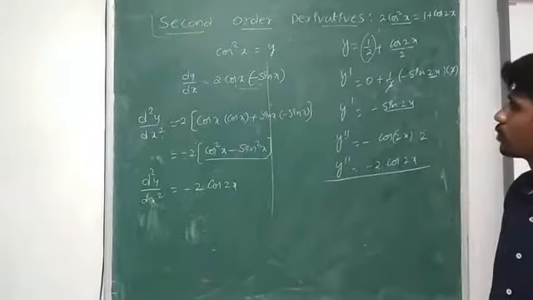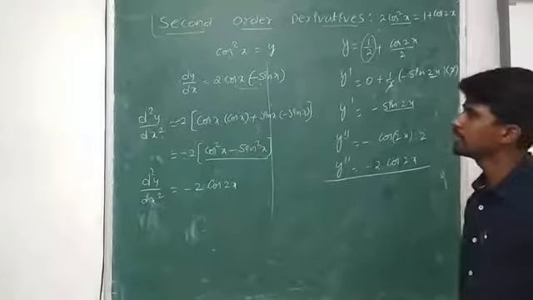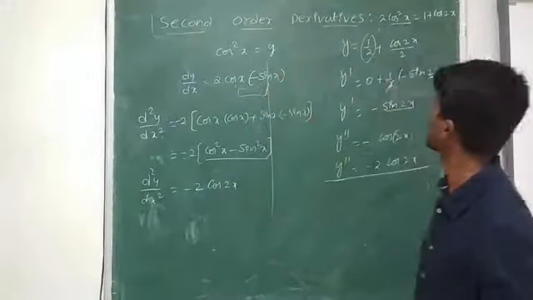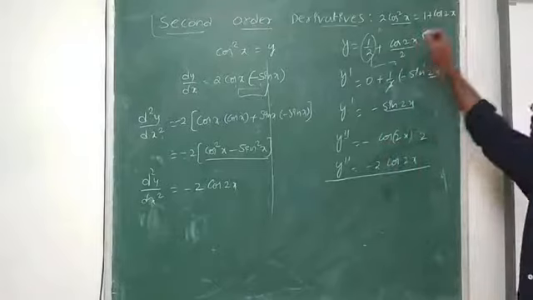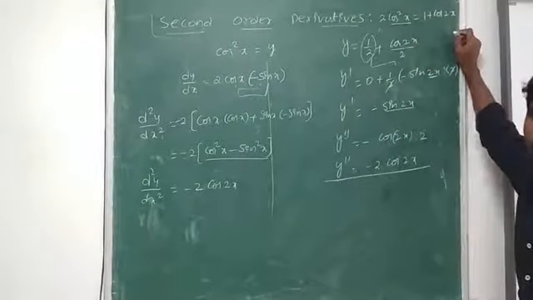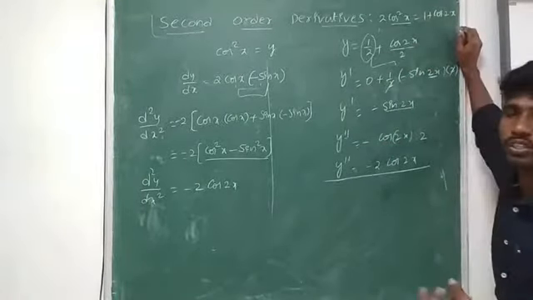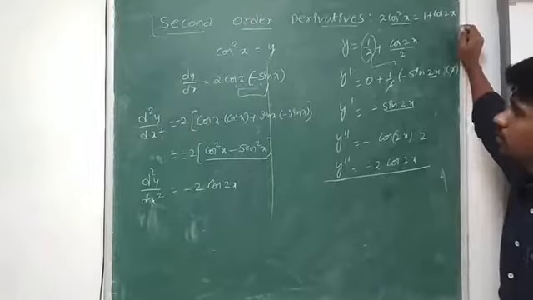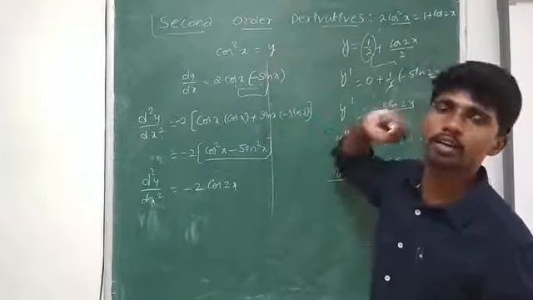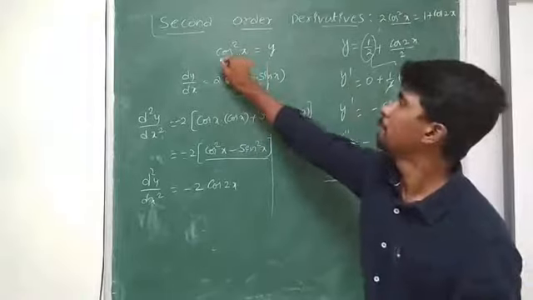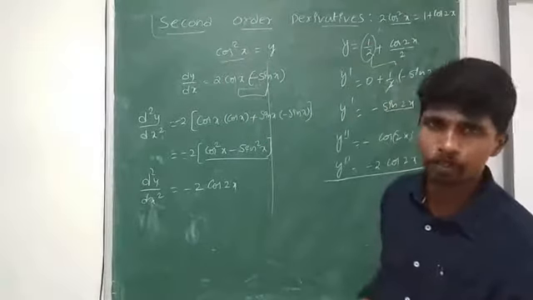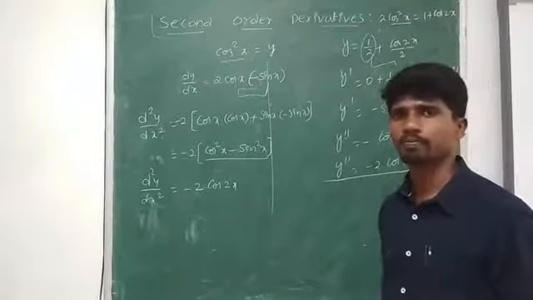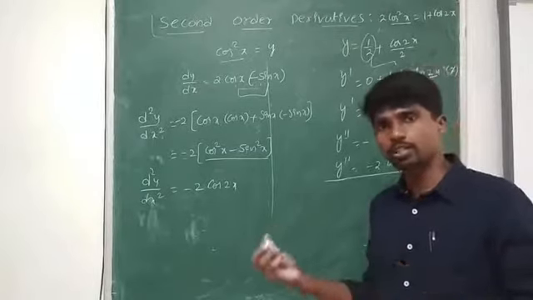So what I am going to suggest: instead of going for uv, addition and subtraction, the summation form, is easy for us. So if you have any powers, particularly in second order derivatives, try to convert the powers into summation form, or convert a product into summation form.